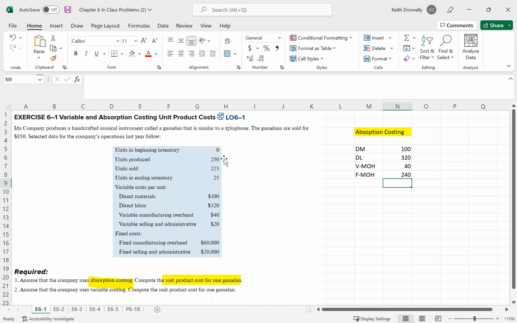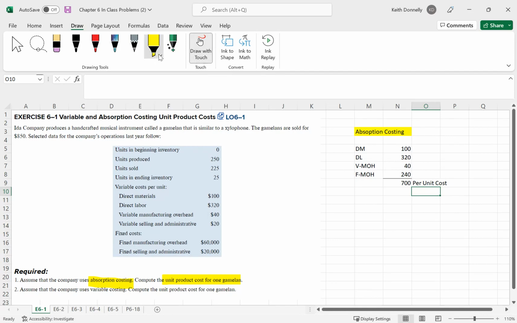On a per unit basis, that fixed manufacturing overhead is going to be $240. Right, so if we were to sum all of these guys here, we would have under absorption costing $700 per unit cost.